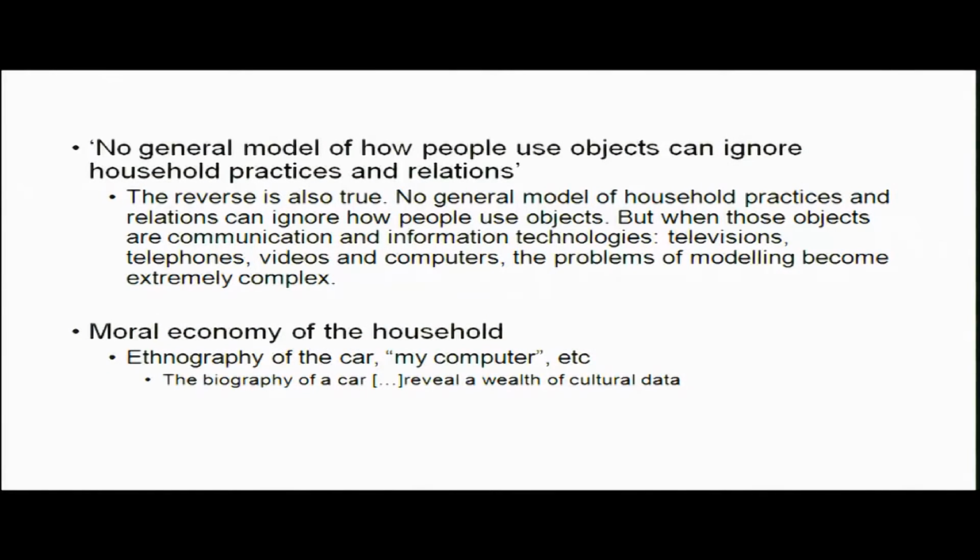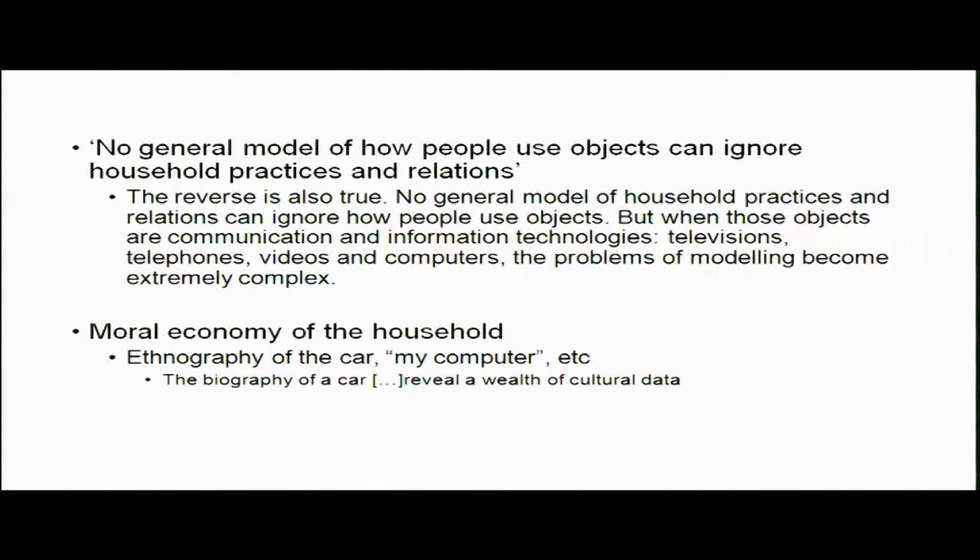So, no general model of how people use objects can ignore household practices and relations. Irrespective of which technology you use, it is difficult to ignore its influence on household practices and relations, and the reverse is also true: no general model of household practices and relations can ignore how people use objects.